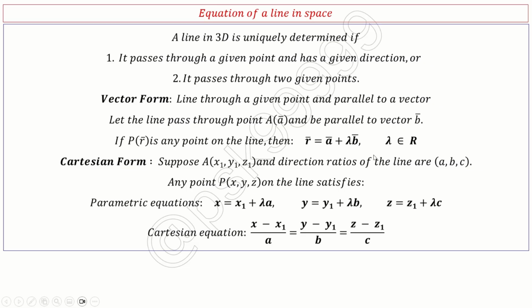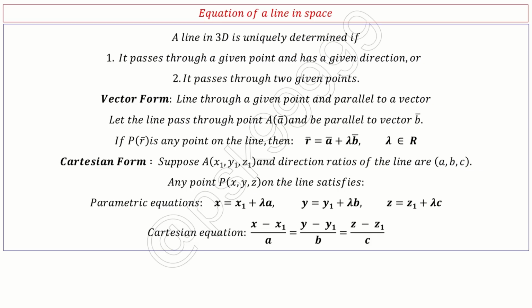What is the meaning of this? Lambda b bar means the line is passing through the point a bar and is in the direction of b bar. In the direction of b bar there is not only one line, right? There can be lots of lines in the direction of b bar. All the lines parallel to b bar are in the direction of b bar. So you can say a bar plus any line parallel to b bar, correct?